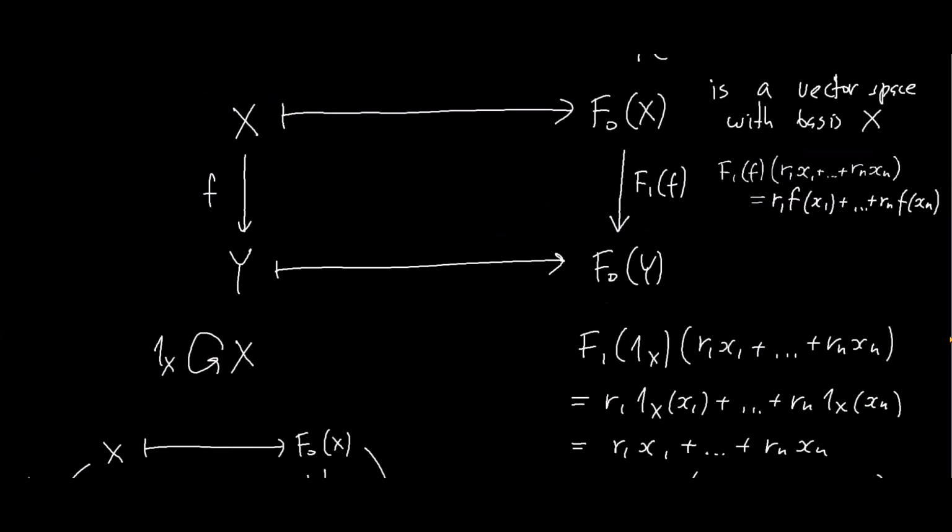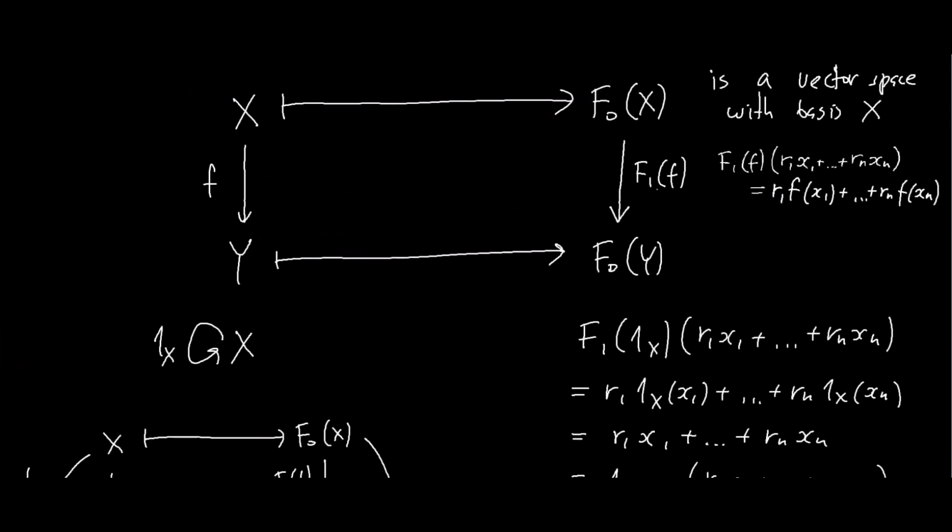You just define the F0 and the F1 map, and then sometimes you don't even define the F1 map. It's so obvious how to define it, even though there could be many ways, there will often be one obvious way to define it, and then you just say that we have a functor, and you don't need to check the details unless these details are really non-trivial, then you do want to check, of course.